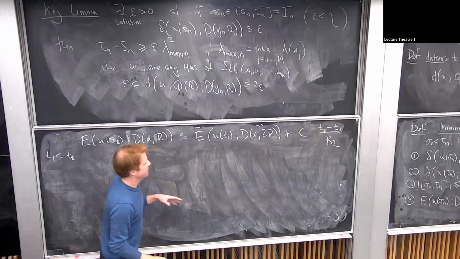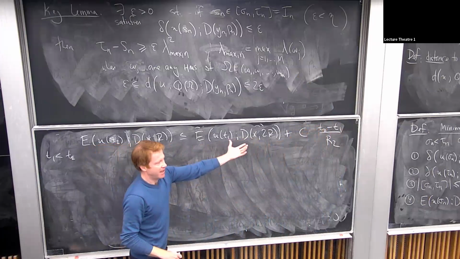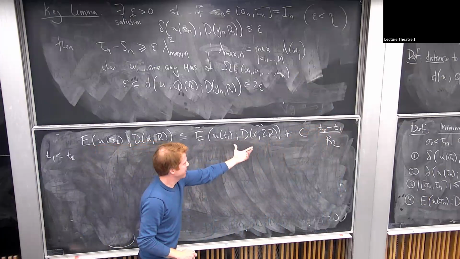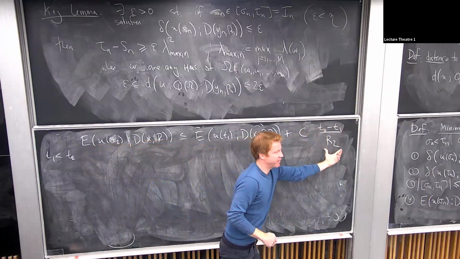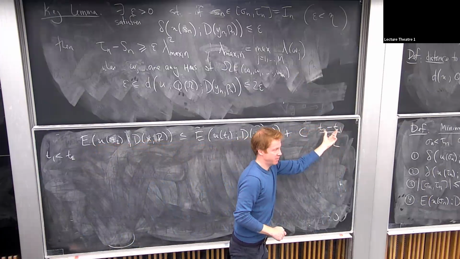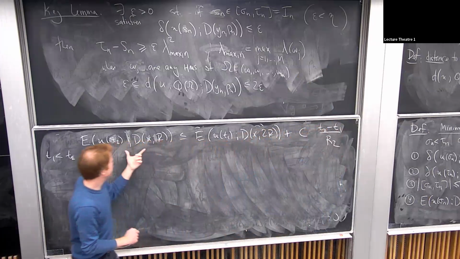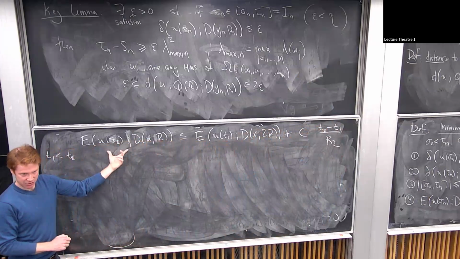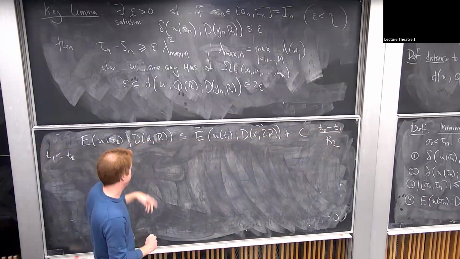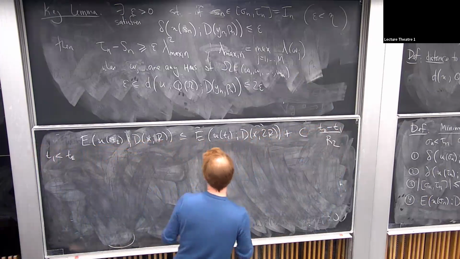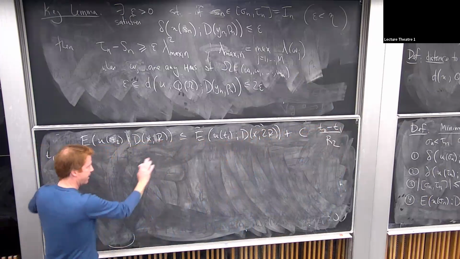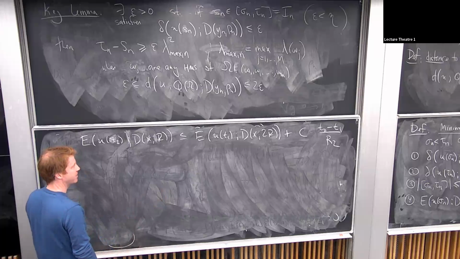So if I had small energy at initial time on a disk of radius 2r, and I only evolve for a time T2 minus T1 much less than r squared, then it controls my energy in a disk of radius r at the later time. So this is kind of a parabolic analog of finite propagation speed.